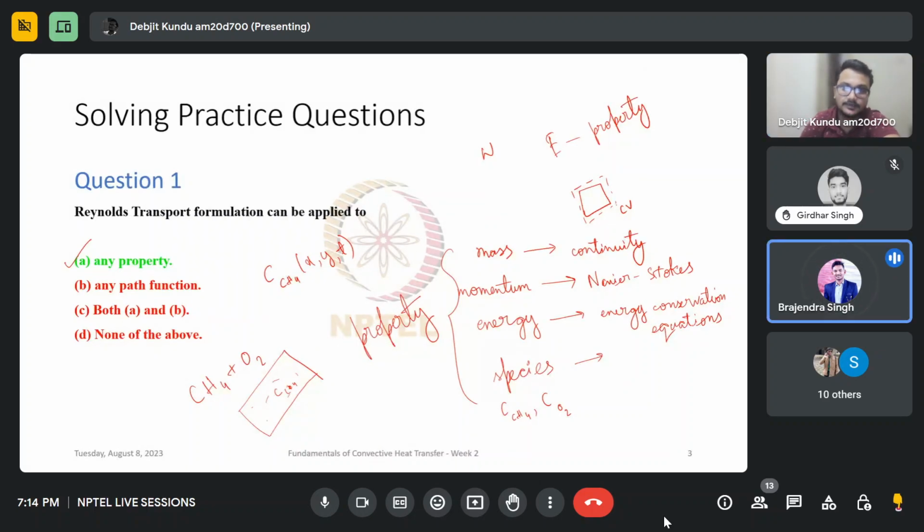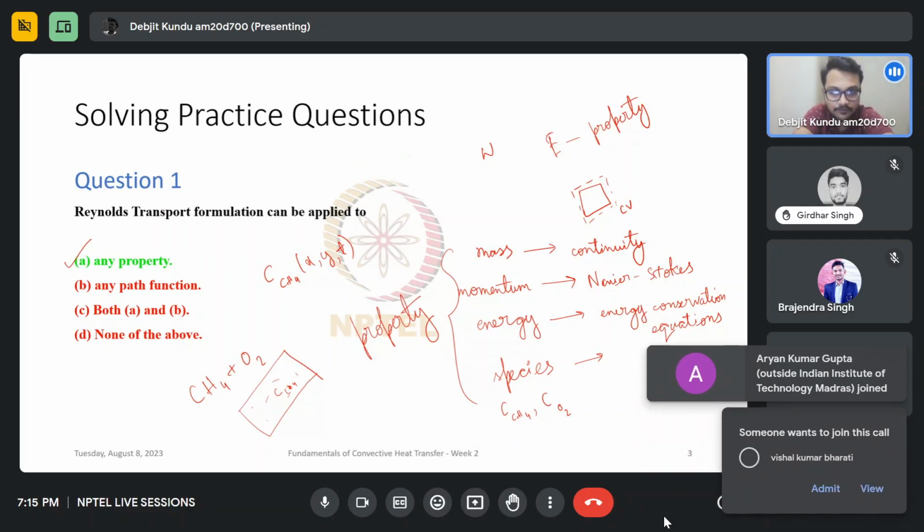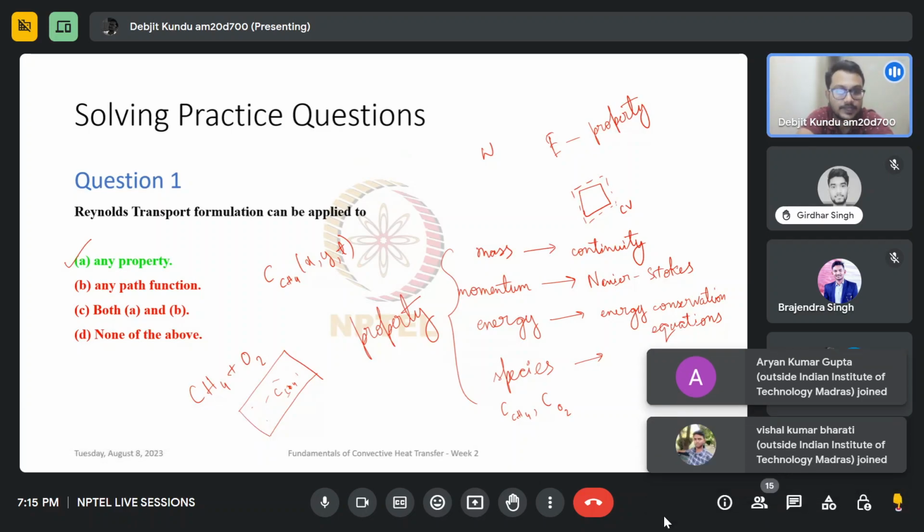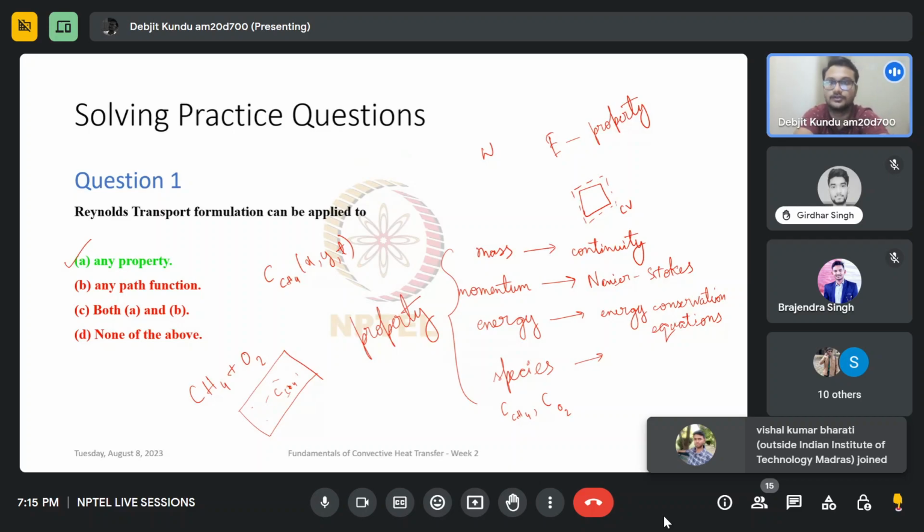Yes. Sir, please explain Reynolds transport formulation. Okay, Reynolds transport formulation. First of all, it would be difficult to derive it entirely. I suggest you go through some fluid mechanics lectures on the derivation of Reynolds transport theorem. But I will briefly outline what it does.